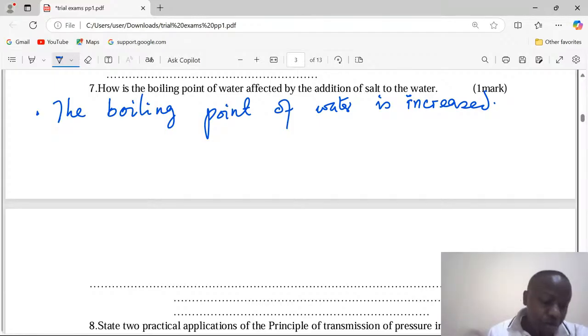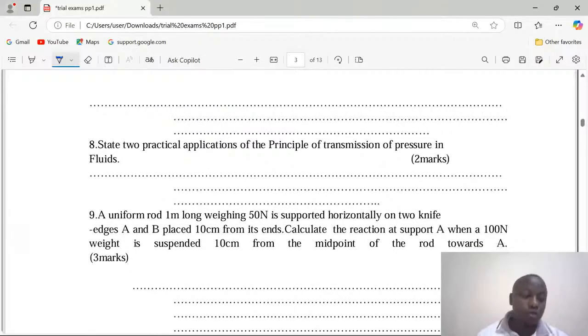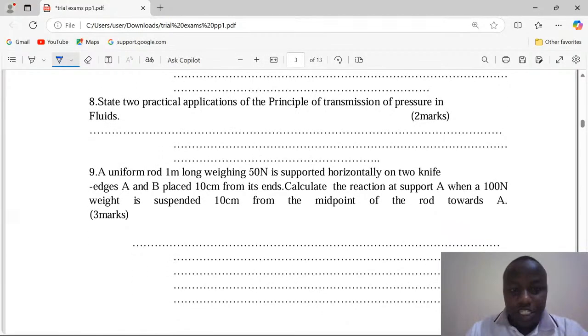So if pure water boils at exactly 100 degrees, due to addition of impurities, water is going to boil at a temperature slightly above the ordinary boiling point. State 2 practical applications of the principle of transmission of pressure in fluids.